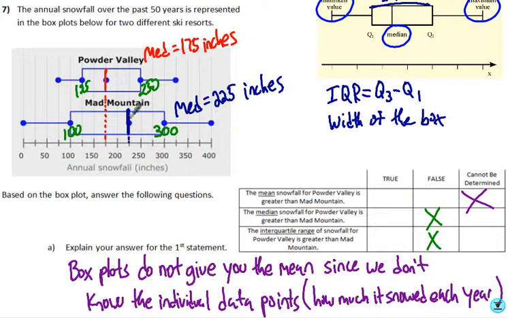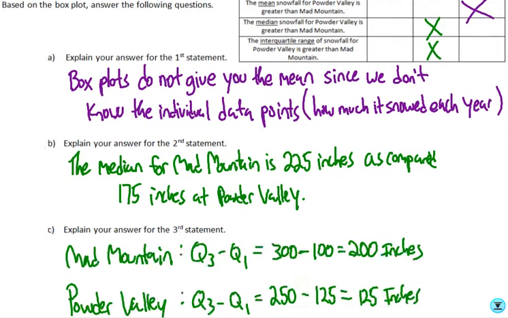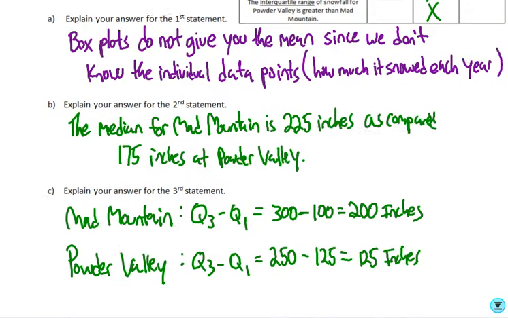So you see this wider range, meaning more variability. If we're looking for consistency, Powder Valley is more consistent, whereas Mad Mountain, maybe one year it doesn't snow at all, and then the next year it's a blizzard. That's why we would be interested in that number: we're looking at how consistent and dependable the snowfall is at Powder Valley as compared to Mad Mountain. So Mad Mountain definitely has the wider swings from blizzard to no snow at all, and we would say that Mad Mountain has the greater interquartile range.